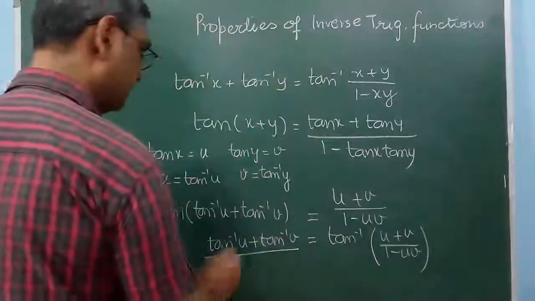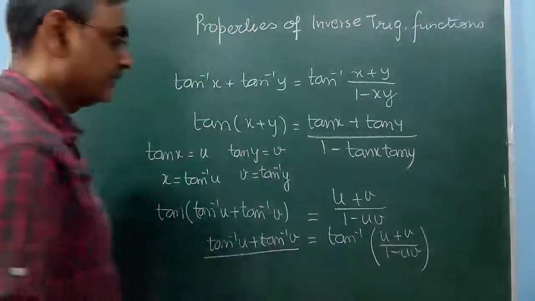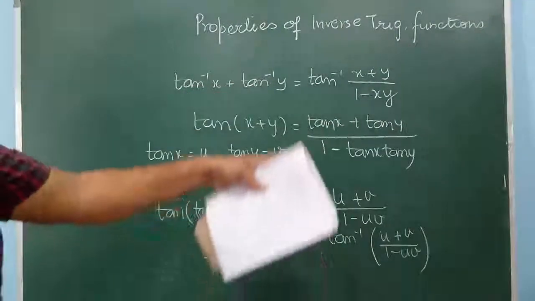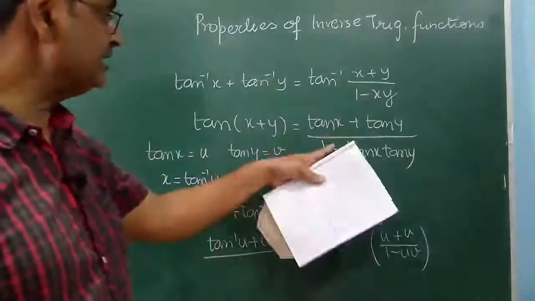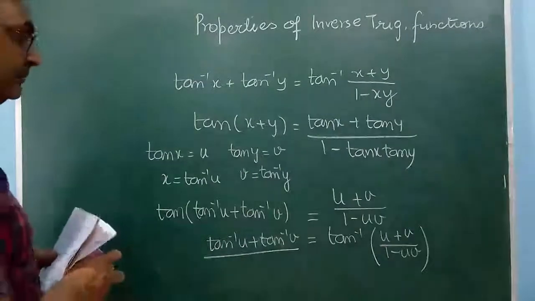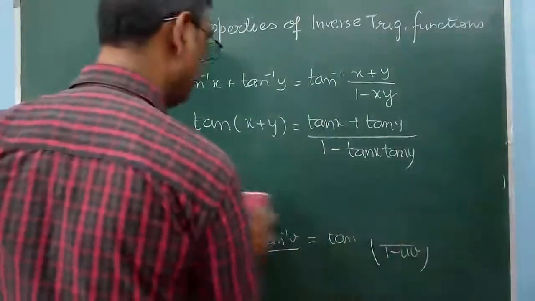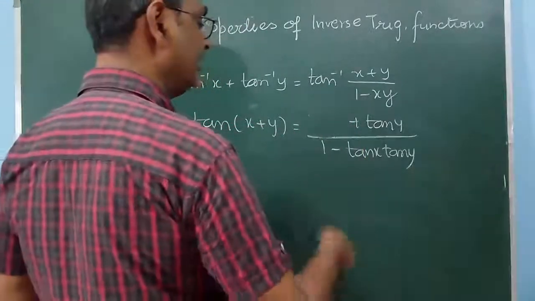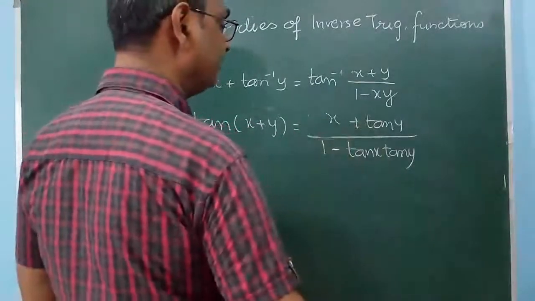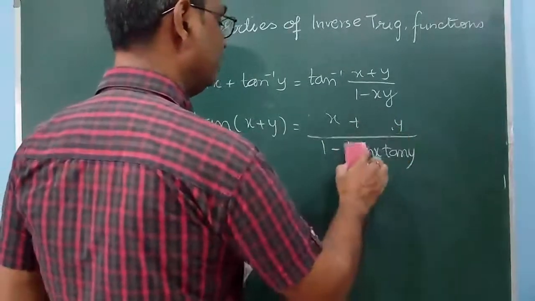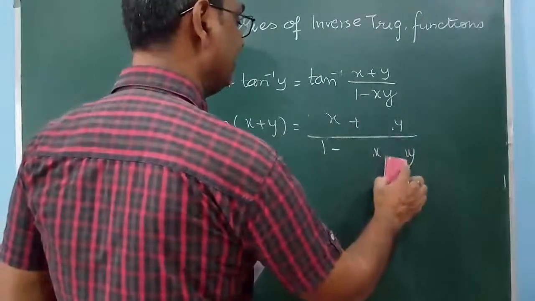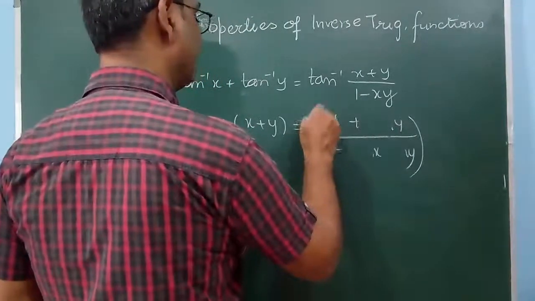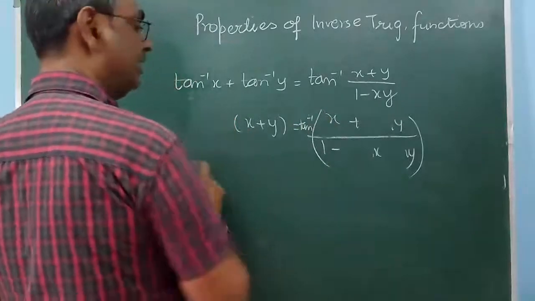So tan inverse x plus tan inverse y is tan inverse of x plus y upon this. The formula is the same. The only thing you have to learn: remove this, put here only x, put here only y, and put tan inverse, and remove this tan.